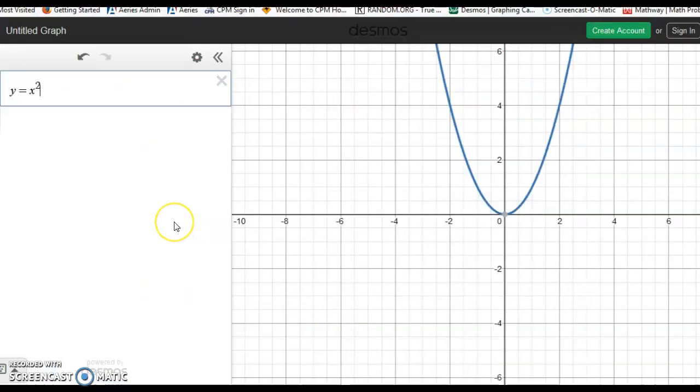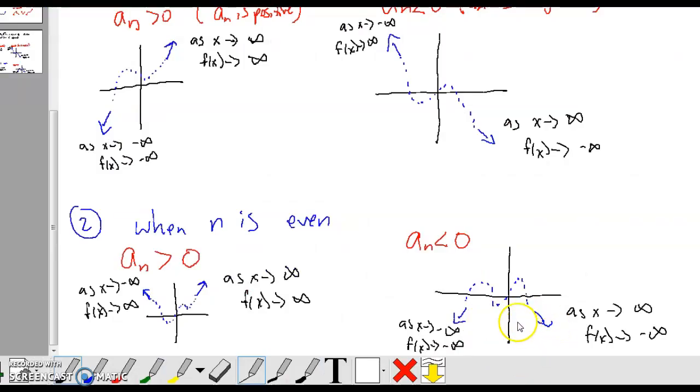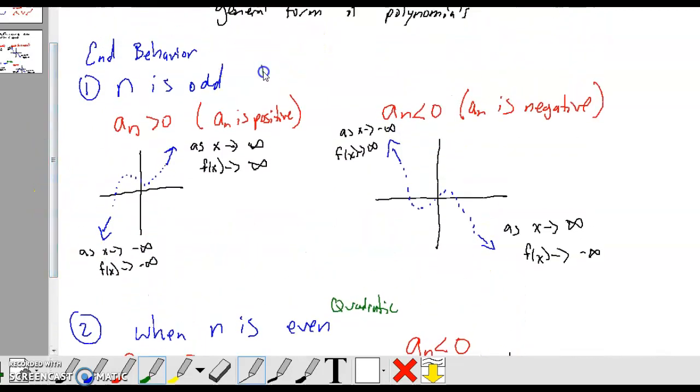And then if I throw in a negative, so -2, doesn't matter, now notice that it's opening downward, so end behavior kind of looks like that. So if you can remember quadratic as the smallest even one, you'll always get your end behaviors right. And for your odd, if you can remember linear, then you'll always have your end behaviors correct.